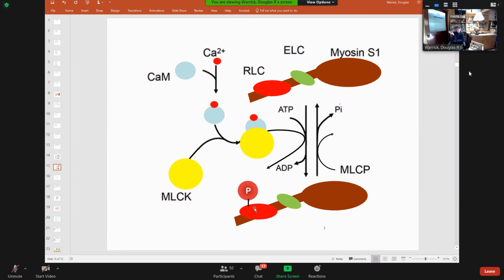So for a given power stroke on the myosin head, when this baby is phosphorylated, it's supercharged and can produce more force when it grabs onto the actin and then moves the actin. The ability to do that, that is to produce more force with your myosin head, is ultimately at the root of how fast a cell twitches.